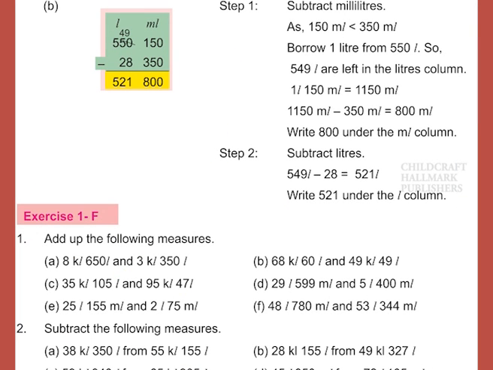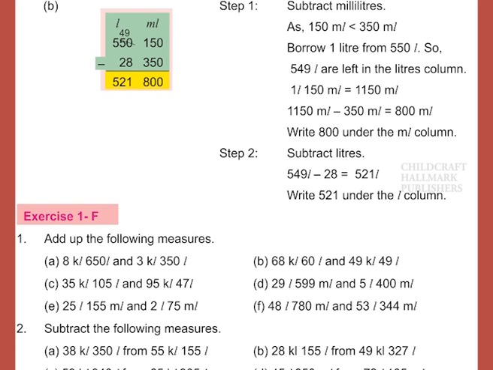Step 1. Subtract milliliters. As 150 milliliter is less than 350 milliliter, borrow 1 liter from 550 liter. So, 549 liters are left in the liters column. 1 liter 150 milliliter is equal to 1150 milliliter. 1150 milliliter minus 350 milliliter is equal to 800 milliliter.